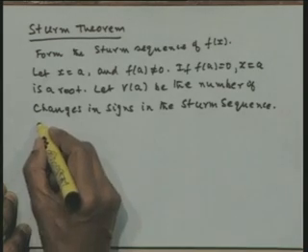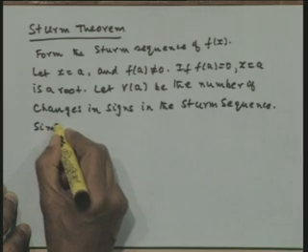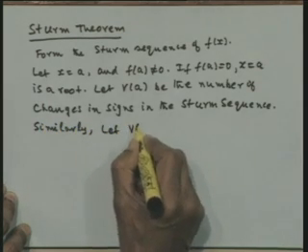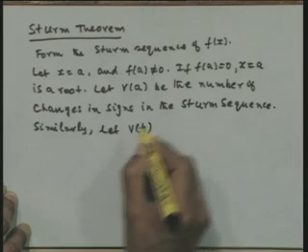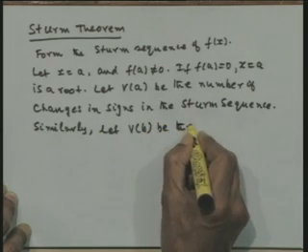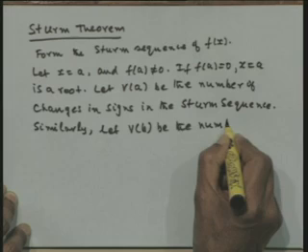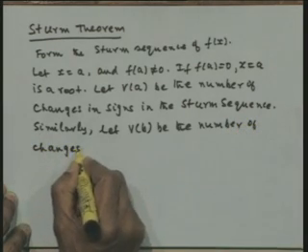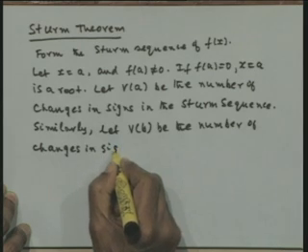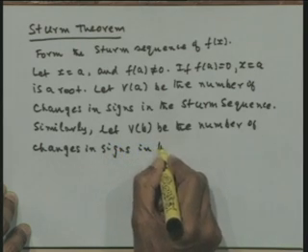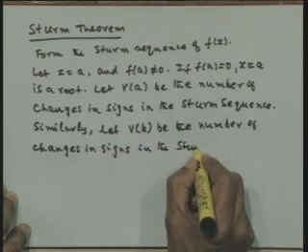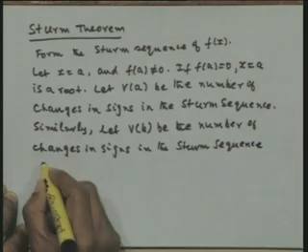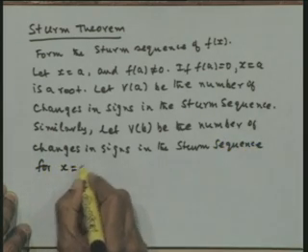Similarly, let V of b be the number of changes of signs in the Sturm sequence for x equal to b.